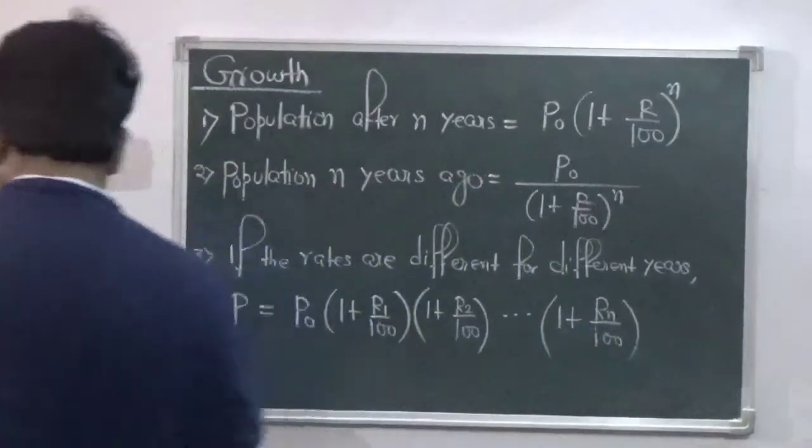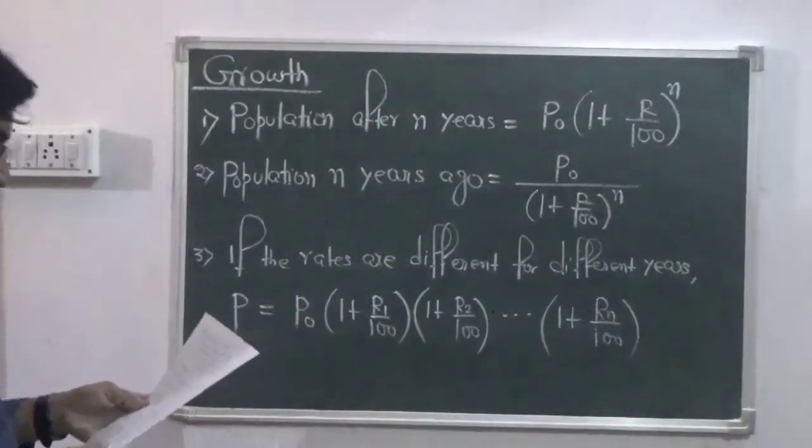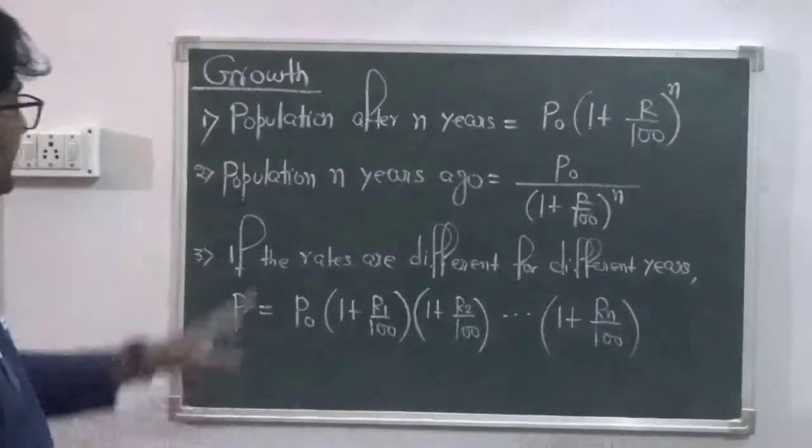But P0 is the population or price or measure of quantity, etc., present, right? So this is for the growth one.